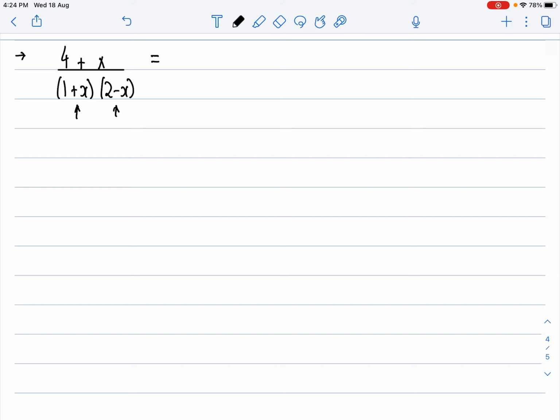So that's the type 1 form. So I can write this as a over 1 plus x plus b over 2 minus x. Now I can write this as 4 plus x equals to, you take the LCM.